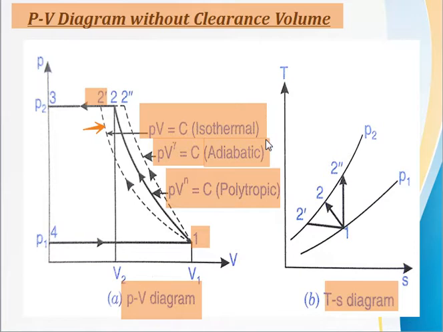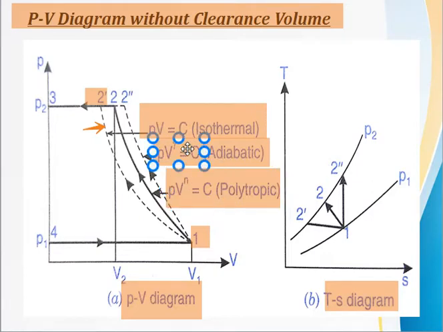PV raised to 1 is equal to constant means the temperature remains constant, and this process is the ideal process. So here PV raised to gamma is equal to constant means gamma value is 1.4, and in the polytropic process, the value of n is, I told you the range is 1.20 to 1.35 in that range.